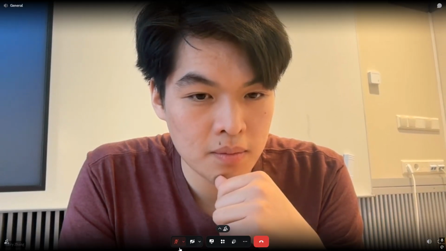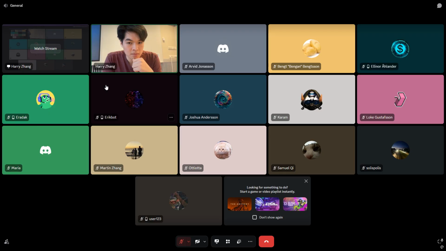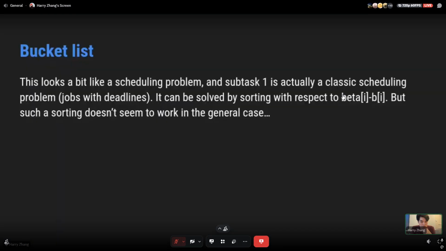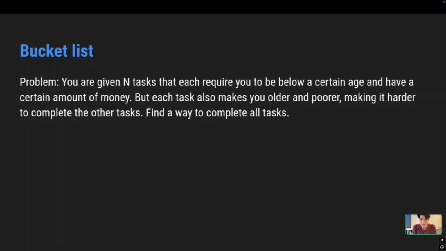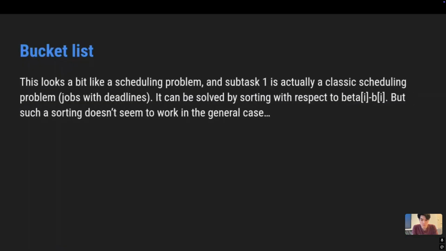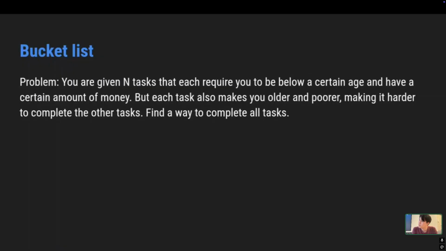Okay, so here it might seem like it's a good idea to sort the tasks with respect to something and then try to complete them in that order. And in many of these kinds of problems, that is a good idea. So this seems like a scheduling problem. The limits we have are kind of like deadlines, and the penalties we get are like the duration.